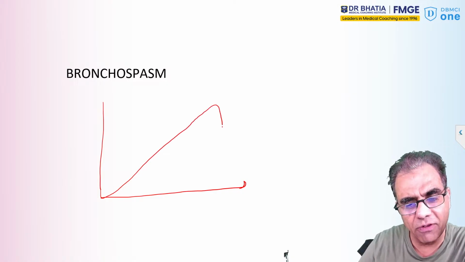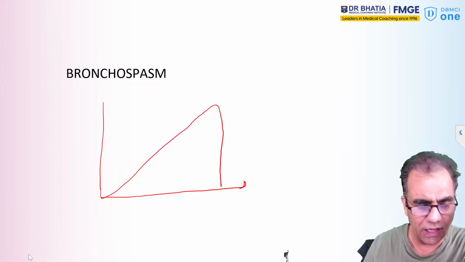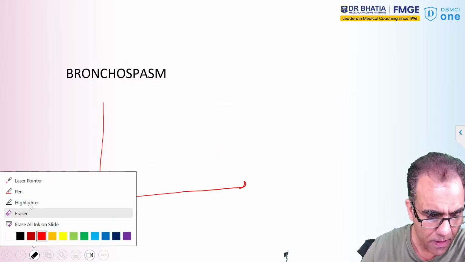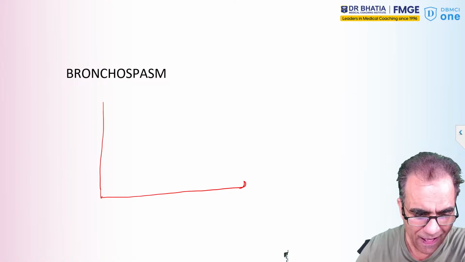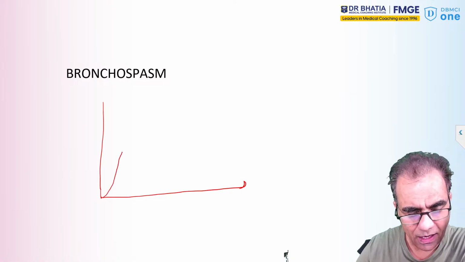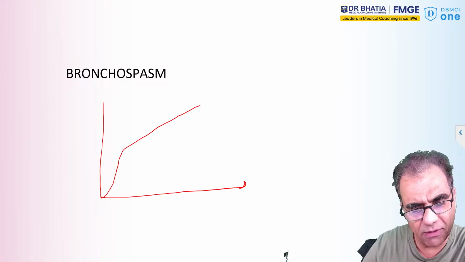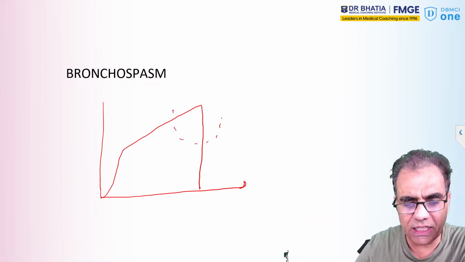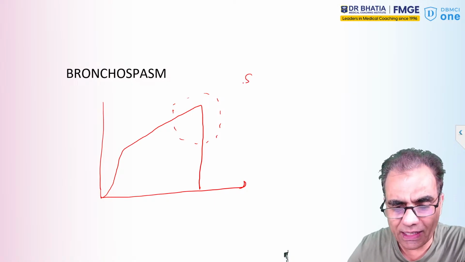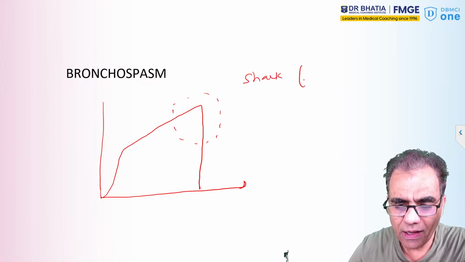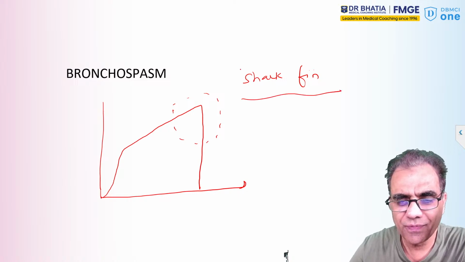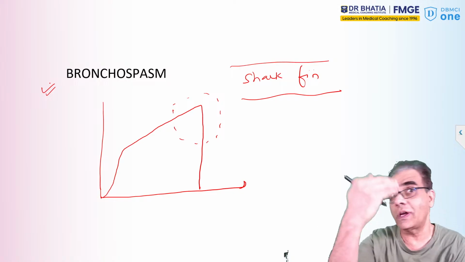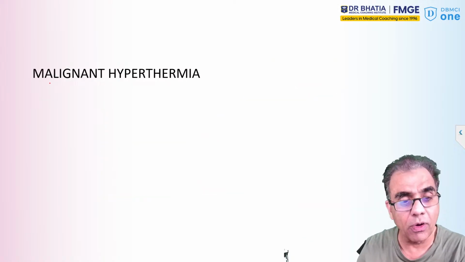That expiration will be prolonged, and look at the shape of the graph. It is like the shark fin of a shark fish. So the shark fin pattern is indicative of bronchospasm. So you can detect bronchospasm with capnography.